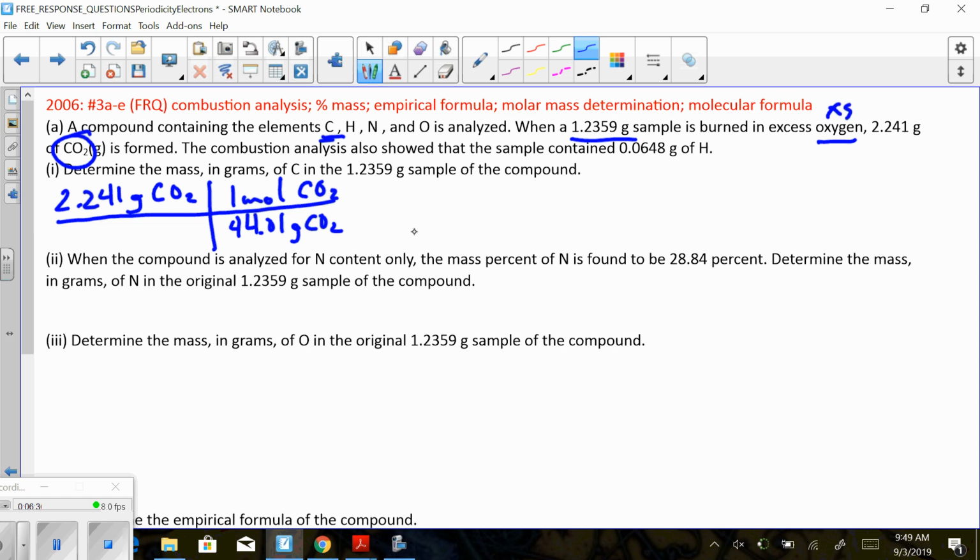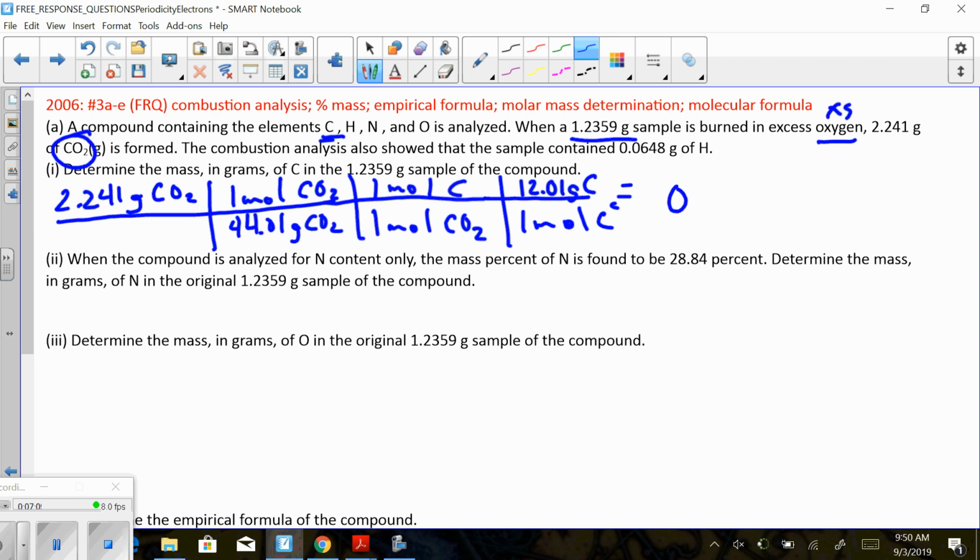In the same T-chart, I can do one step here, or I can just keep going. For every 1 mole of CO2, I had 1 mole of carbon in my sample, and for every 1 mole of carbon, I have 12.01 grams of carbon. So all in one step, I can figure out how many grams of carbon were in my sample. The number of grams is 0.6116.